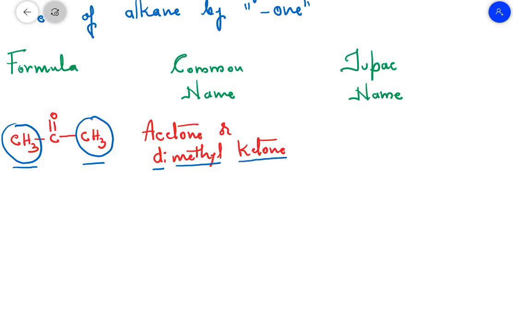And in IUPAC name, since there are 3 carbon atoms, it is called prop 2 one. That is, when we write the numbering 1, 2 and 3, at second carbon we are having the carbonyl functional group, called ketone here, and hence it is called 2 one.